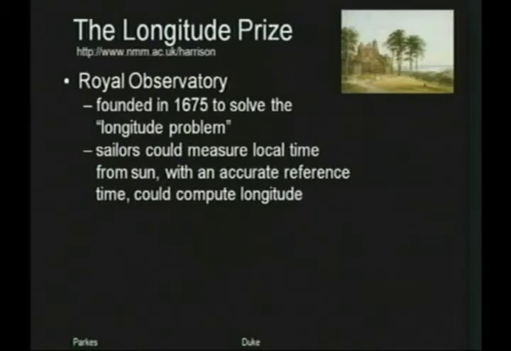But actually, the idea of using competitions to get people to do work goes back to the 17th century in England, where the Royal Observatory launched the longitude problem, which was a challenge to get people to develop technology to let sailors know where they are in longitude, wherever they are at sea.